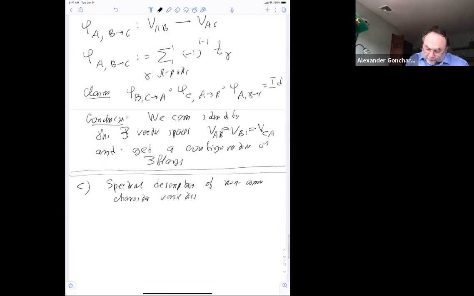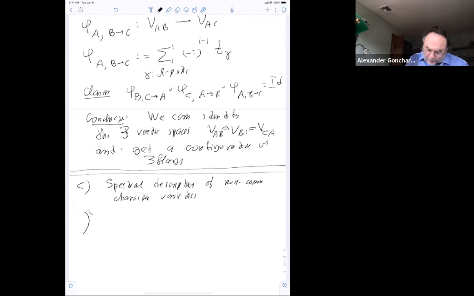And let me make the corresponding definition. So I start with a surface, which is a surface with punctures at the moment. So I called S.